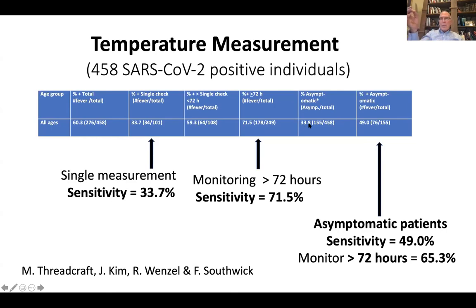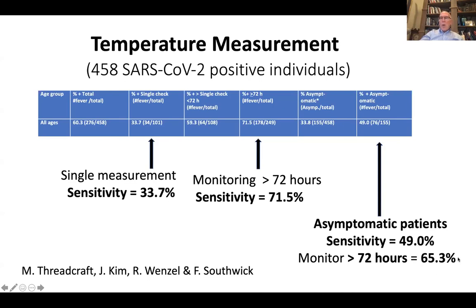What we also found in this series is that 33.8% had no symptoms. What about asymptomatics and fever? It turned out that if they checked their temperature anyway, about 50% have a fever. However, if you monitor for 72 hours or greater, even asymptomatics, 65.3% have fever.